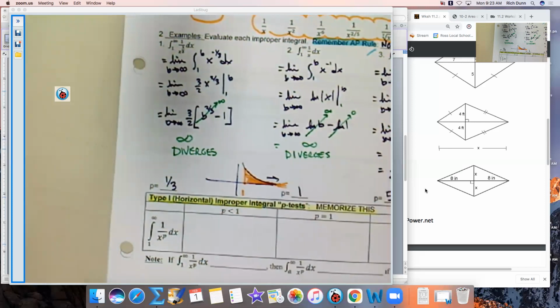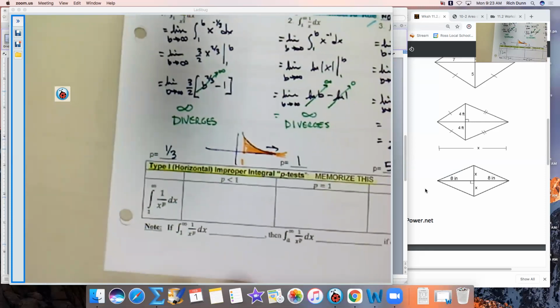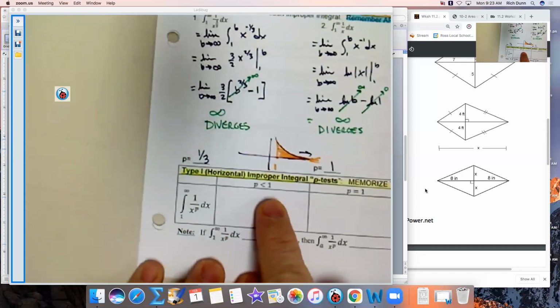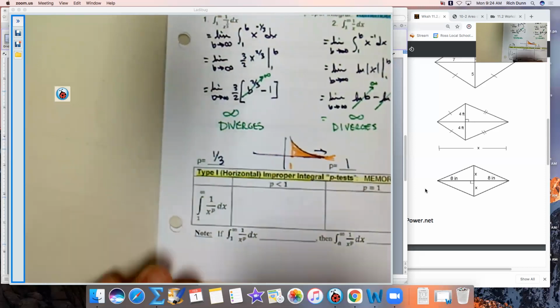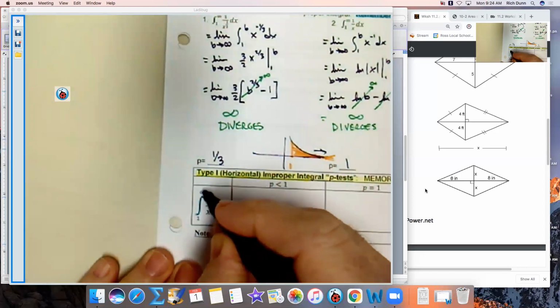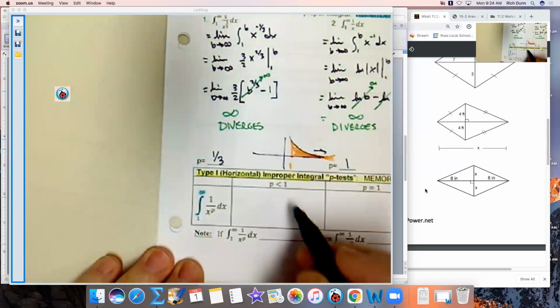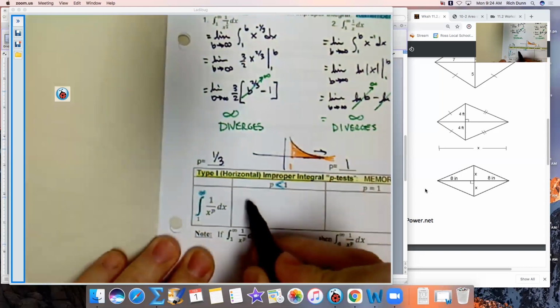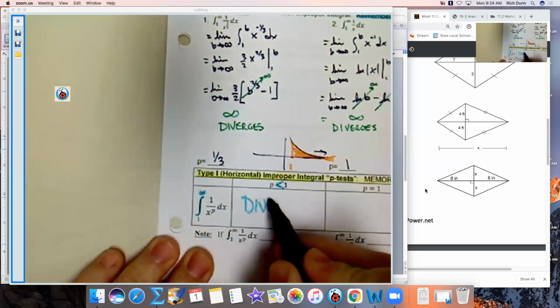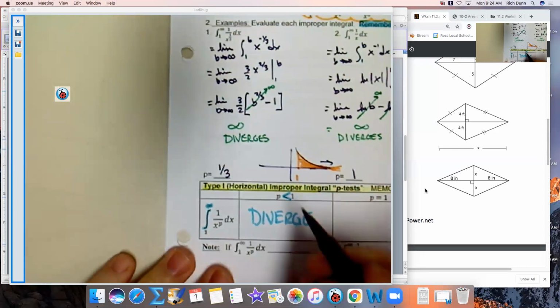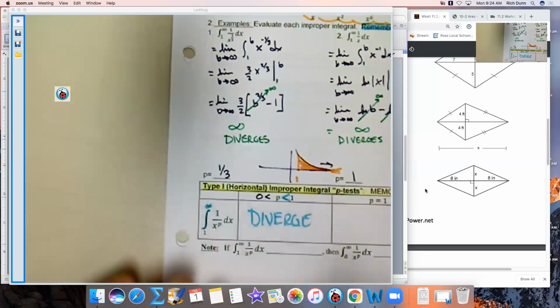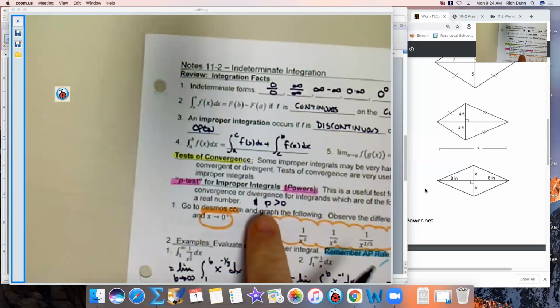Okay? And indeed, we have a rule that we can apply here with our p-test when p is less than 1, and very important here, make sure you're looking at this, we're evaluating from 1 to infinity. When we are less than 1, this will always diverge. Technically, I guess I should put this as between 0 and 1, but that was defined up here above.